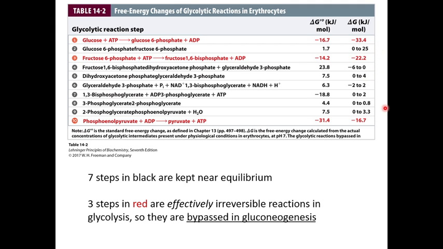On the other hand, the 3 steps that are in red are effectively irreversible reactions in glycolysis. And because of this, they need to be bypassed if gluconeogenesis were to happen, because gluconeogenesis is going from pyruvate back to glucose.